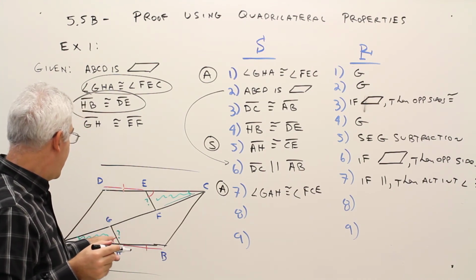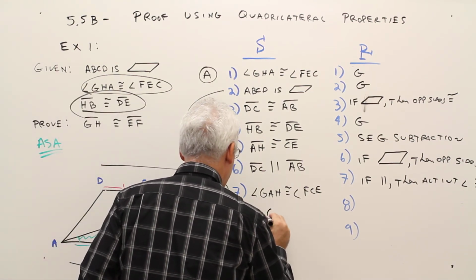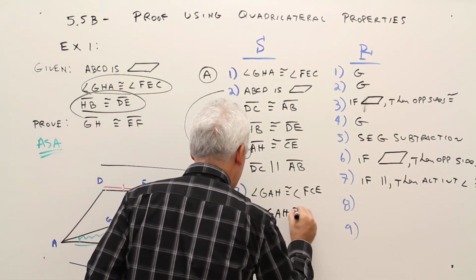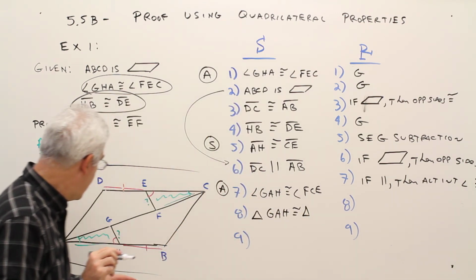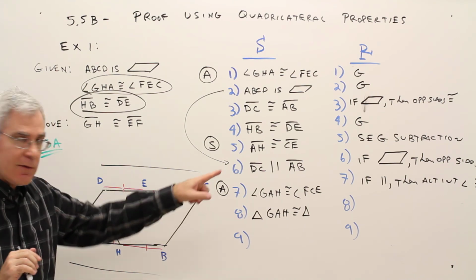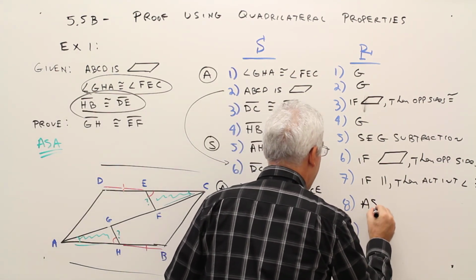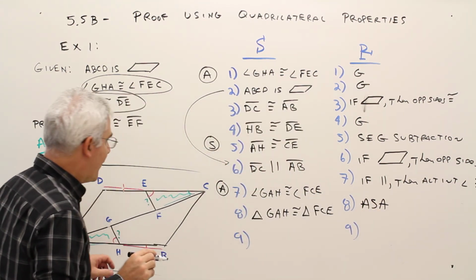I'll just label the triangles in the same way here. So I'll go triangle GAH is congruent, I gotta be careful. G to A, that would be F to C, so I was correct. Triangle FCE by angle side angle. And then let's see if I can get the parts.